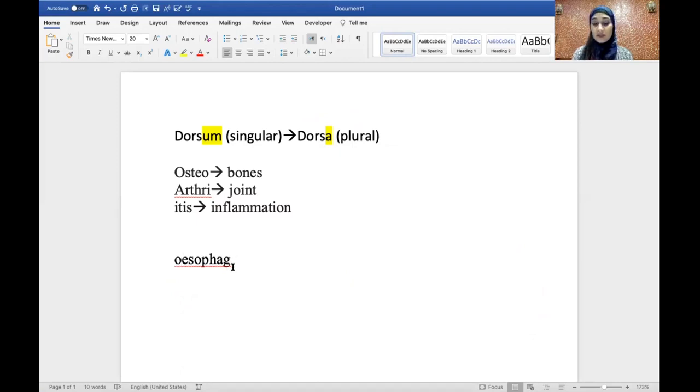This is the prefix, referring to the word itself, esophagus. So we have here esophagus with the O or the E. Again, this is the British spelling, and this is the American one.